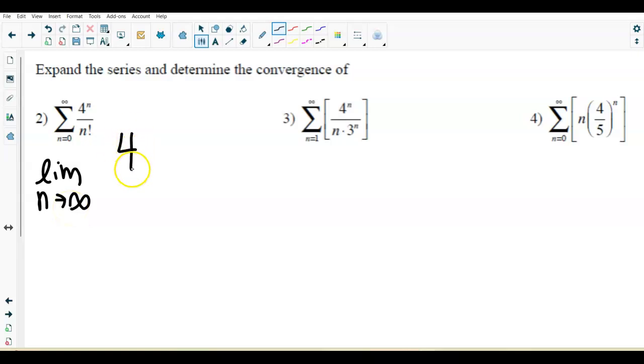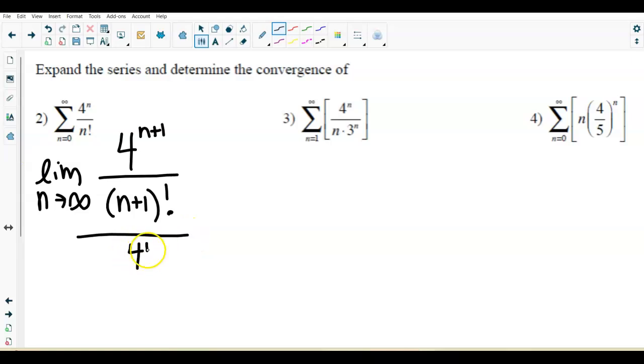So this will be 4 to the n+1 all over n+1 factorial. And then we will divide it by our given, 4 to the n over n factorial. We can see that instead of dividing by our fraction, we can multiply by the reciprocal.